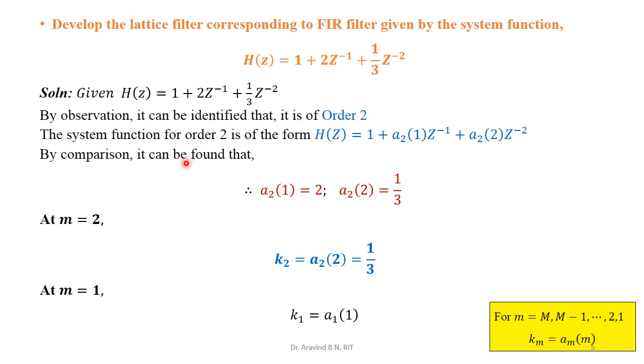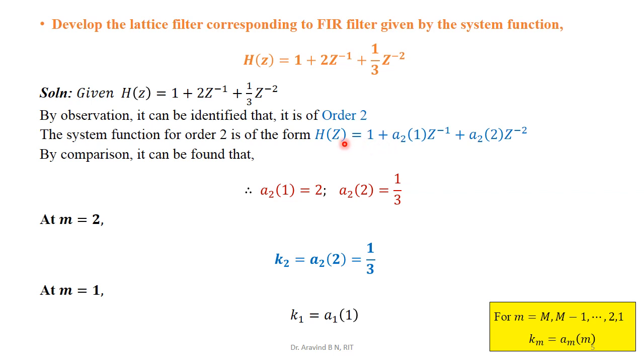Okay, so now let us go through the next step. The system function for order 2 is given by H of z is equal to 1 plus a2 of 1 z inverse plus a2 of 2 z to the power of minus 2. So we have the standard transfer function for the FIR filter. From that, for order 2, if you make an expansion, this is what we are going to get.